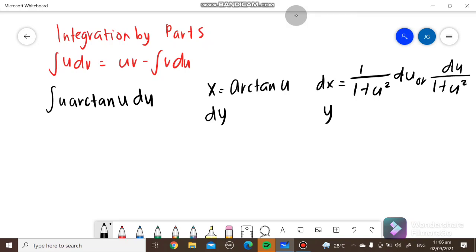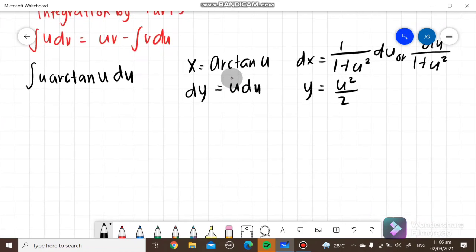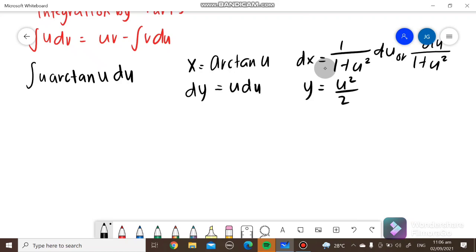It looks more simplified. Then we set dy as u du, and y as the integral of u du, which is simply u squared over 2 using the power rule of integration. So we have the known variables and the formula. What we'll do now is plug in.